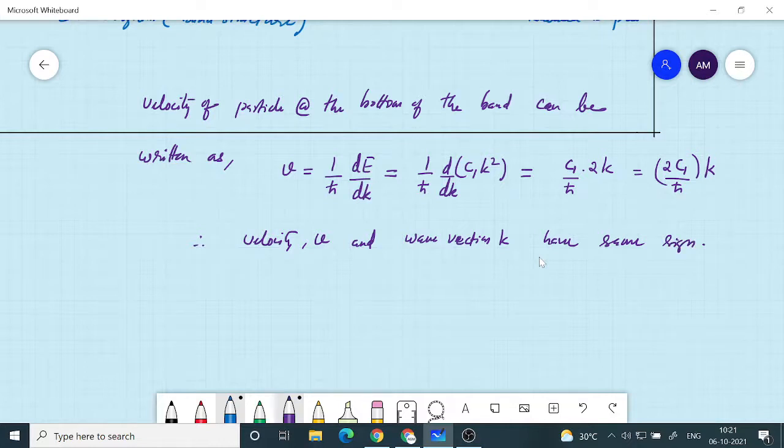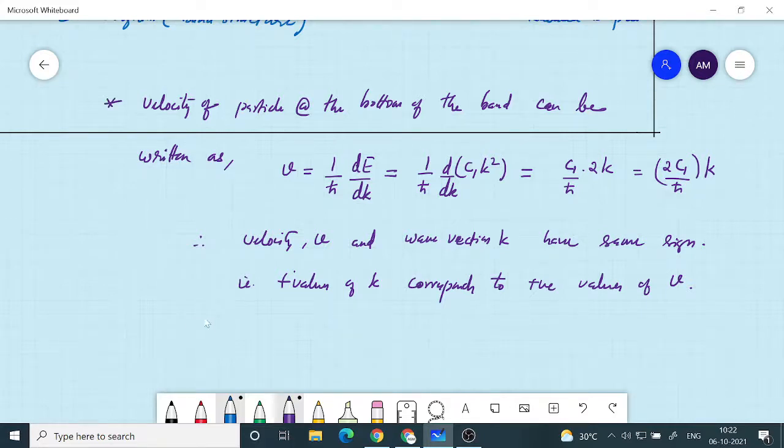Okay, so that means if you take k positive, the velocity is positive. So just like the free particle, positive values of k correspond to positive values of v. Okay, so that is number one.